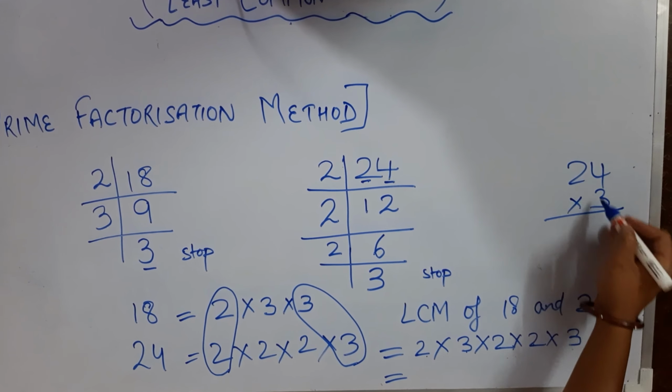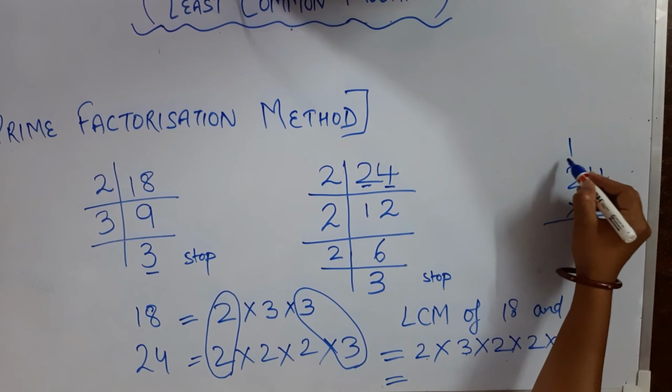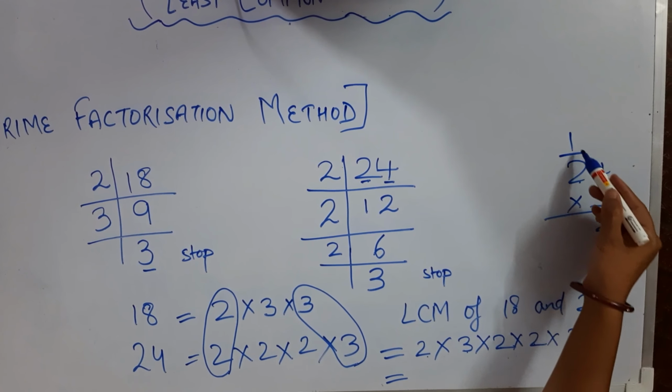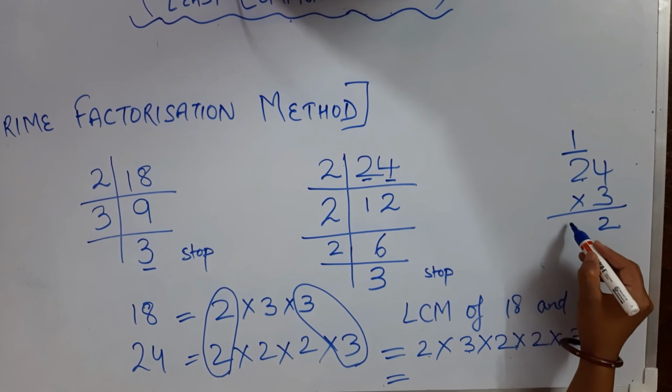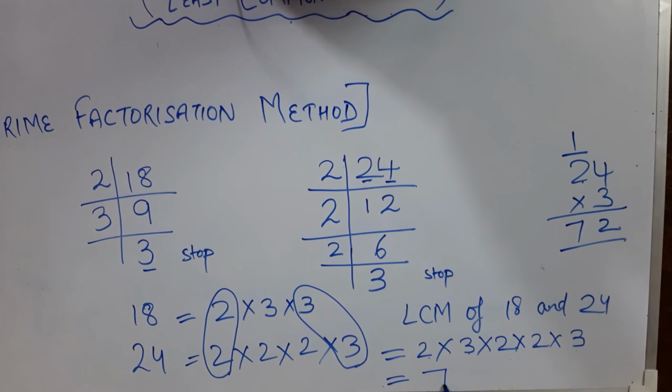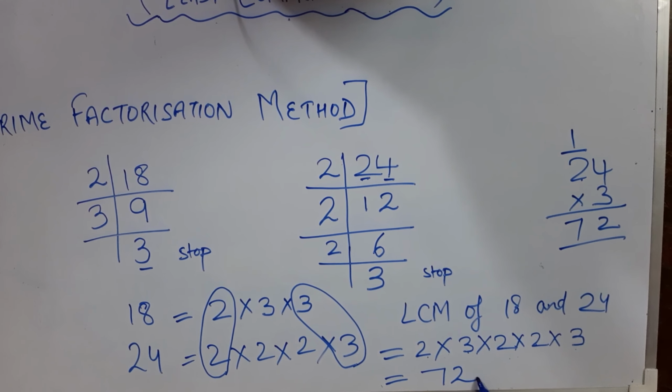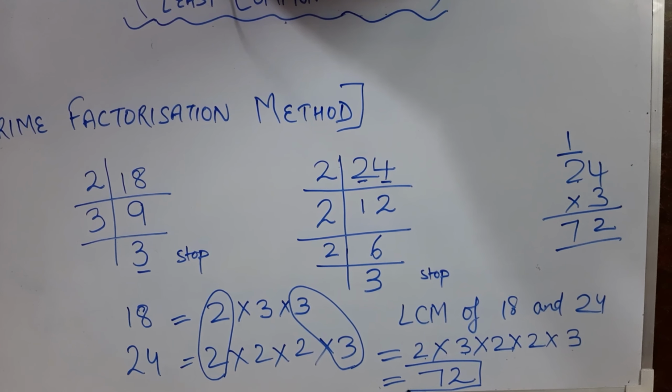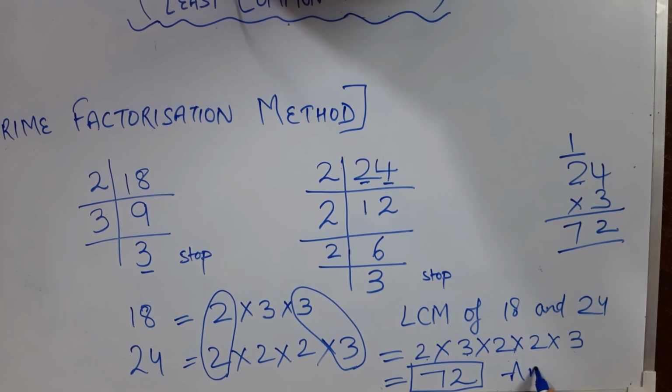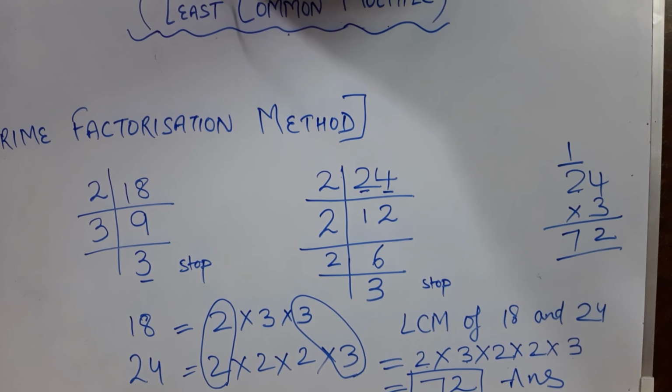I can multiply them. 4 3s are 12, 1 carry, 3 2s are 6, 6 plus carry 1, 7. So my answer is 72. So LCM of 18 and 24 is 72 here.